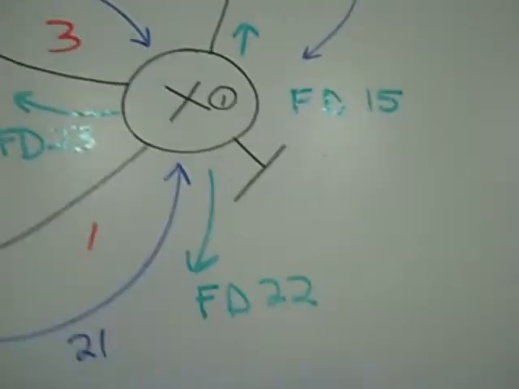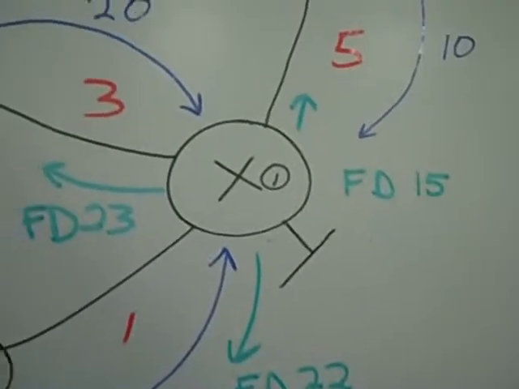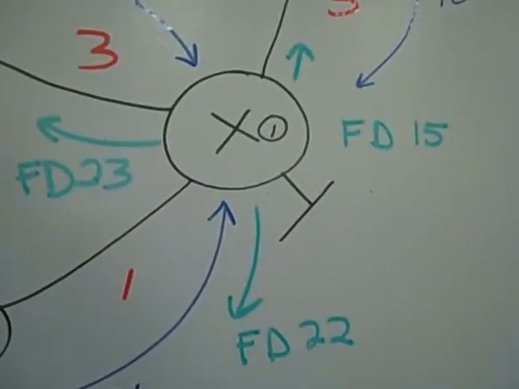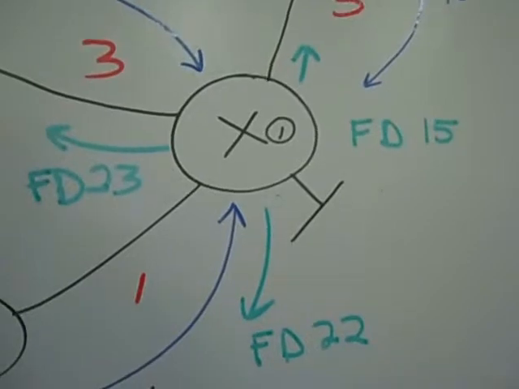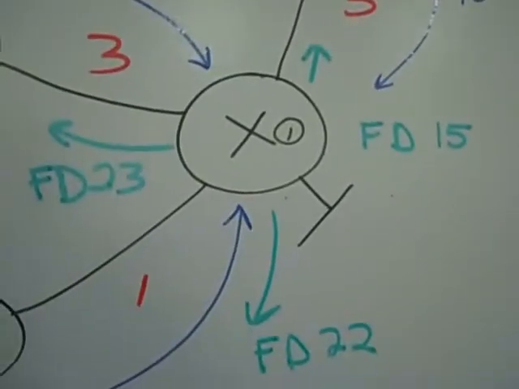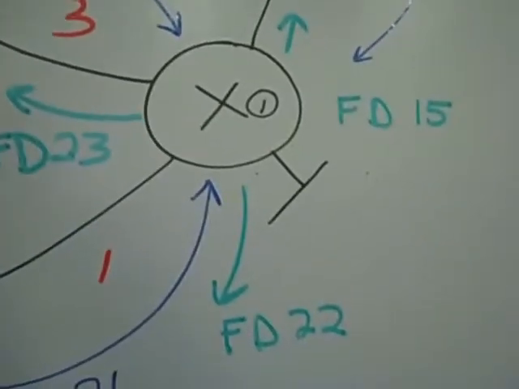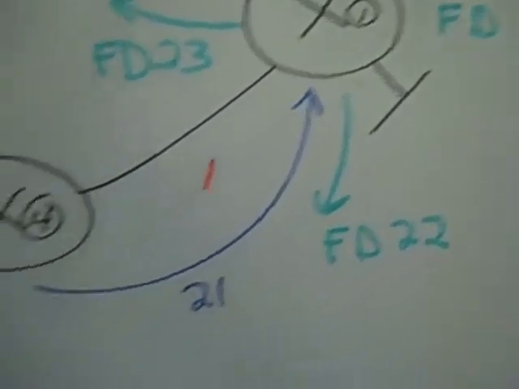So there they are. Feasible distance of 15 going to router 2, feasible distance of 23 to router 3, and feasible distance of 22 to router 4.